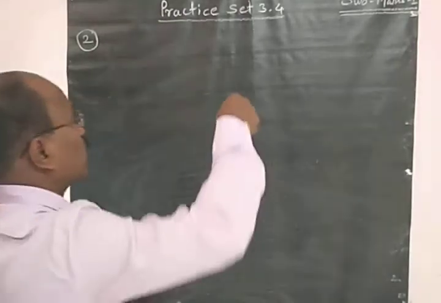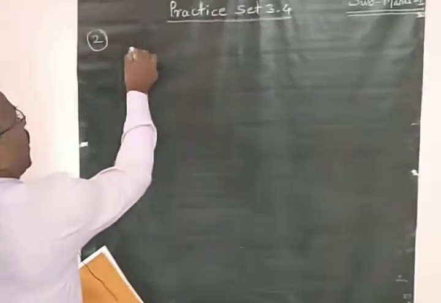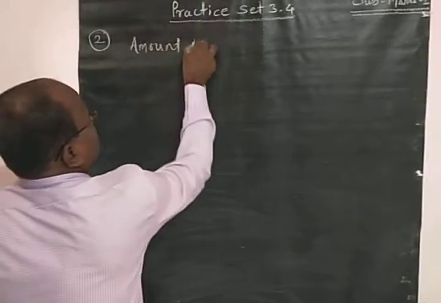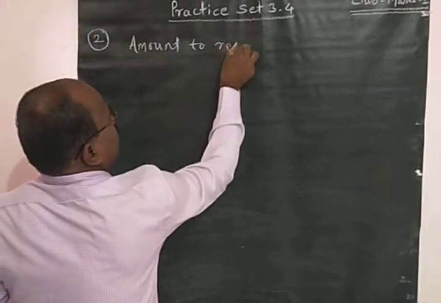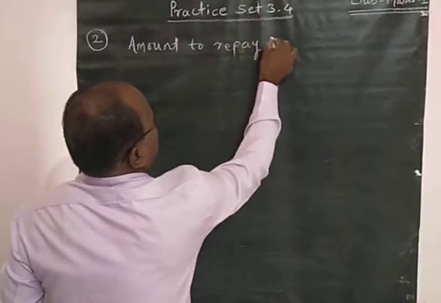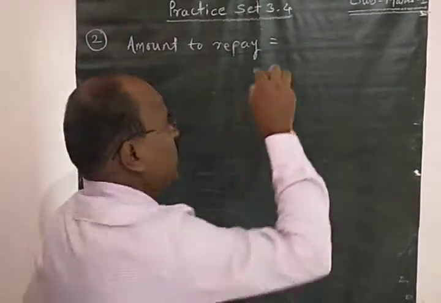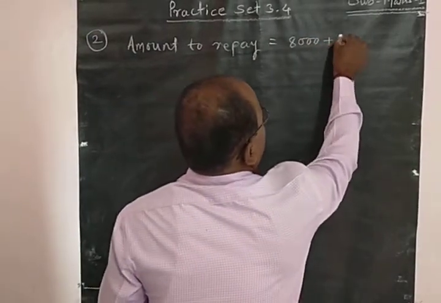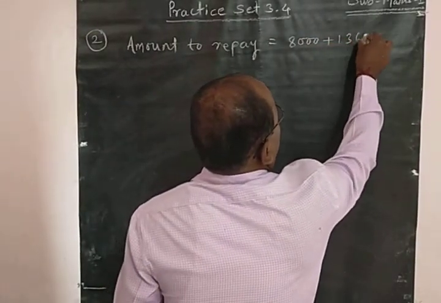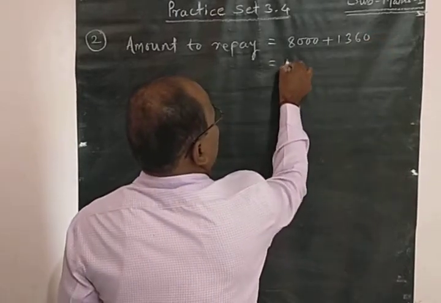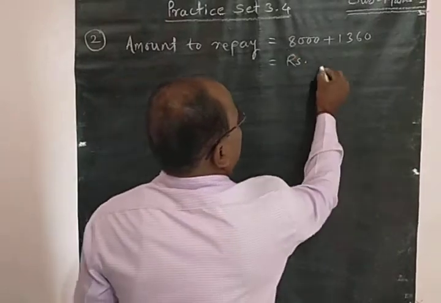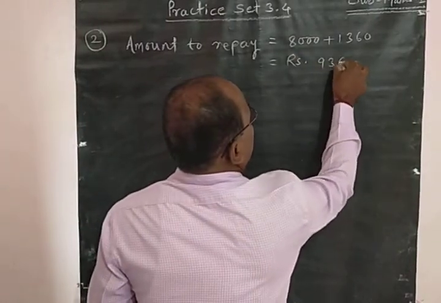Okay, here the total amount to repay is equal to how much? The total principal is 8,000 plus interest is 1,360, that is equal to rupees how much? 9,360.